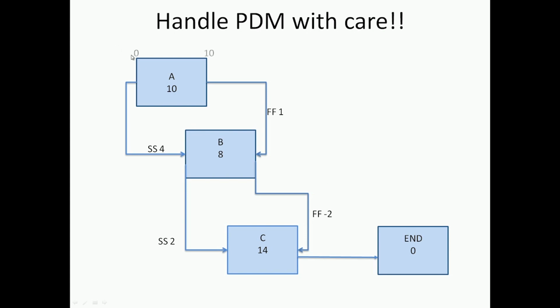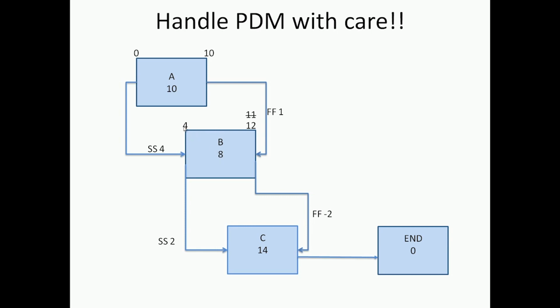If I start with 0, as we have done earlier, the early start for A is 0. I go with the duration here and get an early finish of 10, and then A leads on to B. Because there's a start relationship with a lag of 4, if A starts at 0, B would start at 4. That's the early start. The earliest B can start is at 4, and now B has a duration of 8.